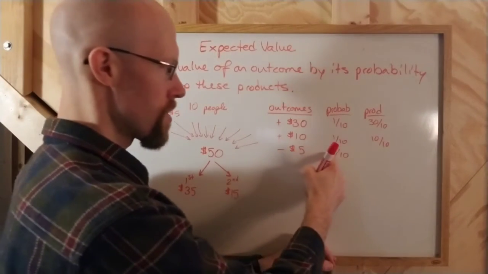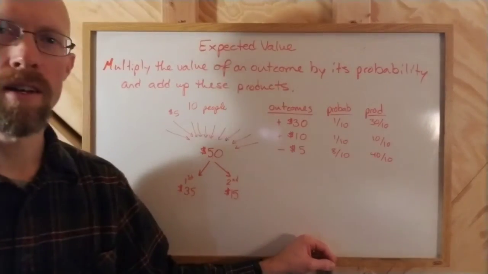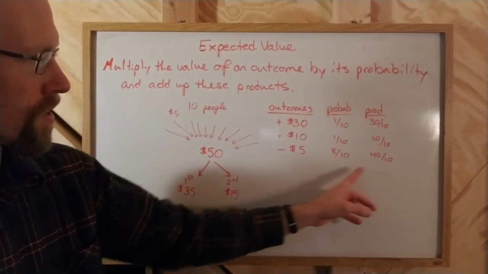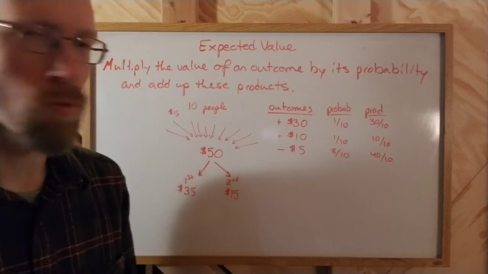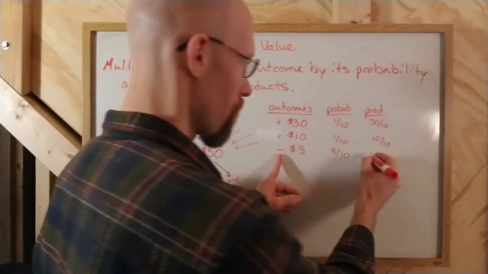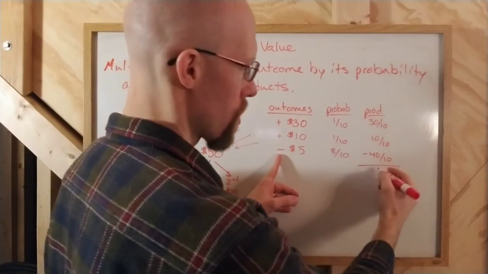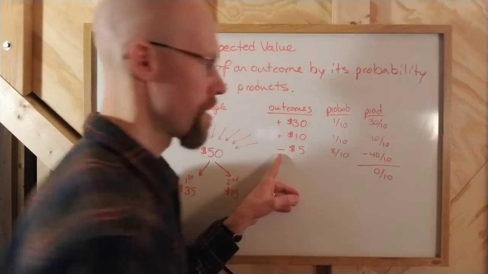And 5 times 8 tenths is 40 tenths, right? And so when you add these up, oh, but it's negative. Notice that it's negative here. This is a negative 40. And so when you add those up, 30 plus 10 minus 40 gives you 0 tenths.